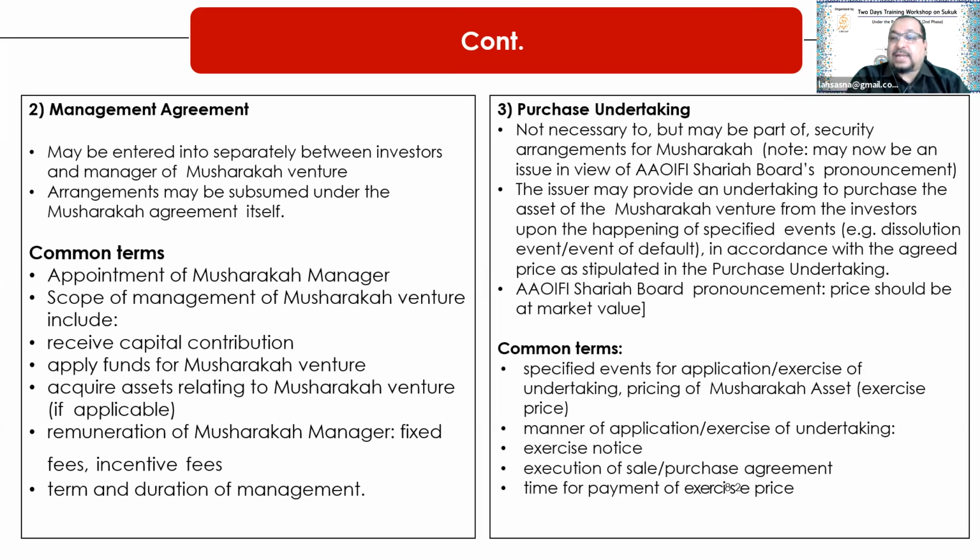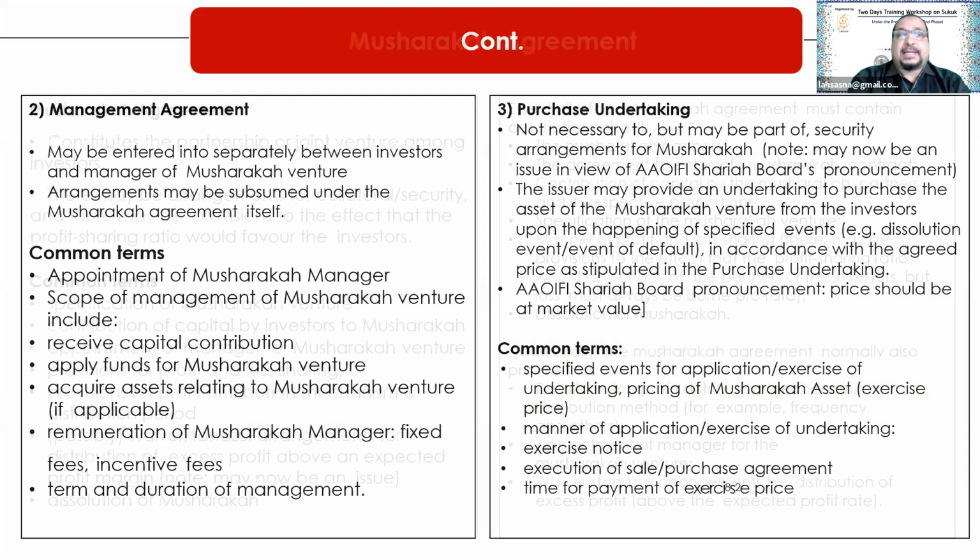And as we mentioned, according to the IOFI, it is market value. Some comments on this kind of term: the specific event for exercise, the exercise price, the manner in which the option is exercised, execution of the sale, the time of payment, the exercise price, and so on and so forth. This will be captured basically in the agreement.